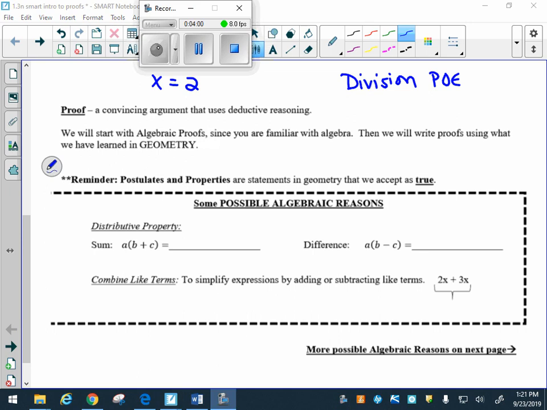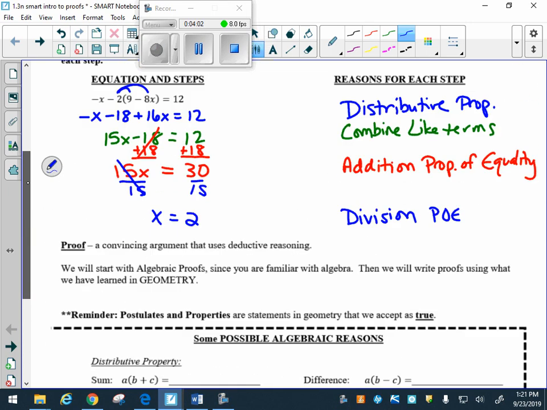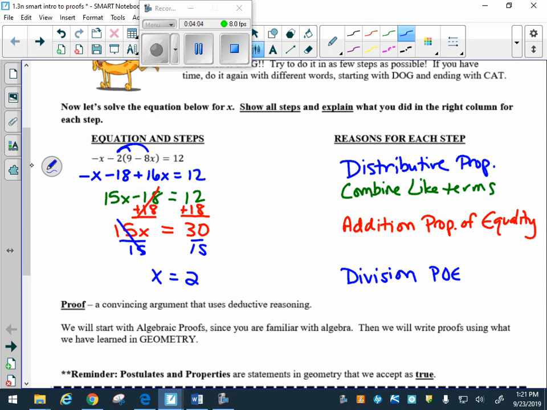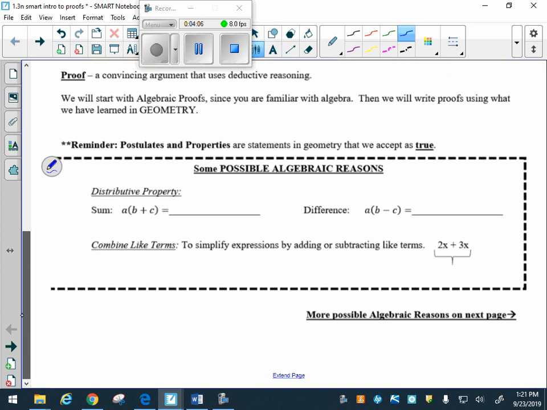So what we did up here is very much like a two-column proof. Basically we start with algebraic type logical reasoning because you already know that. And then we're going to segue into geometric proofs. Both have the logical reasoning.